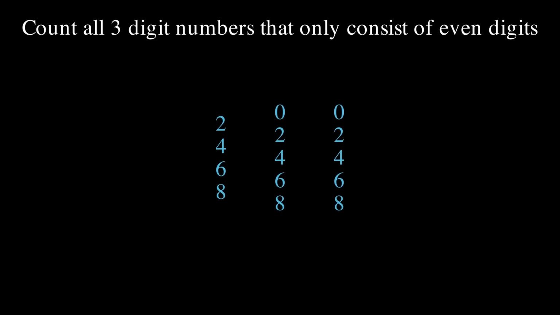This means that for the first digit, we have 4 choices, 2, 4, 6, or 8. And for the second digit, we have 5 choices, and for the third digit, we also have 5 choices. Therefore, we get 4 times 5 times 5 equals 100. This means there are 100 possible 3-digit numbers where all digits are even.